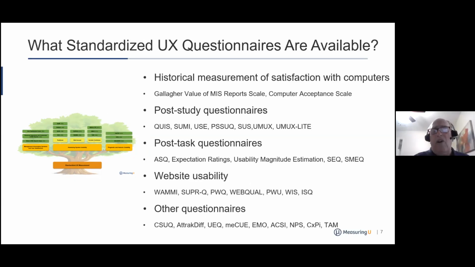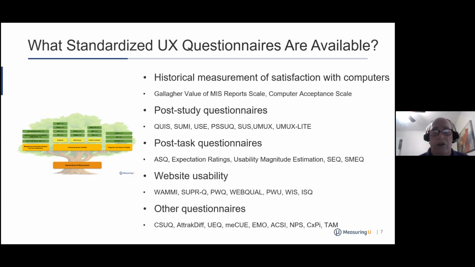Now, there are other questionnaires that also have been developed, the CSUQ. There are a whole set of European questionnaires where part of the defining characteristic is a distinction between pragmatic usability and hedonic quality, trying to get into more of the emotional space. That's the AttrakDiff, the UEQ, and the meCUE.